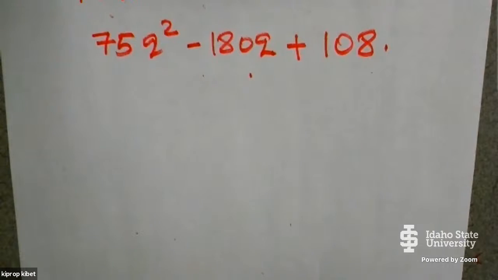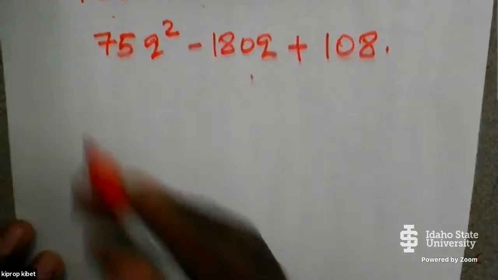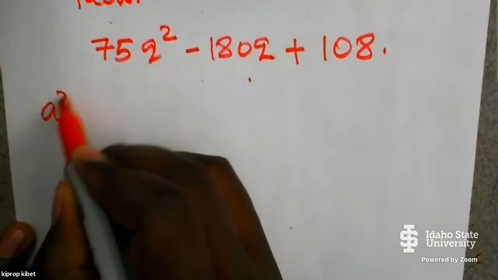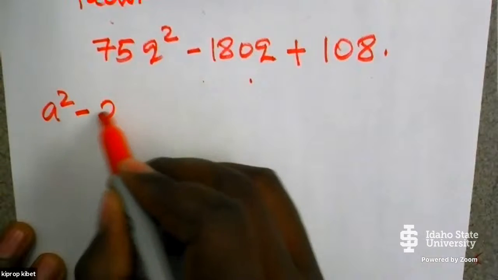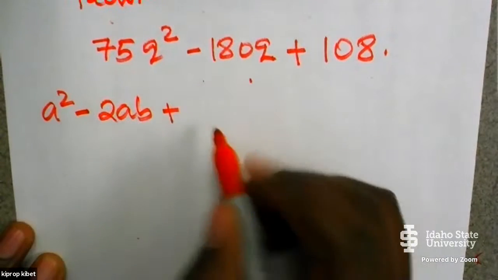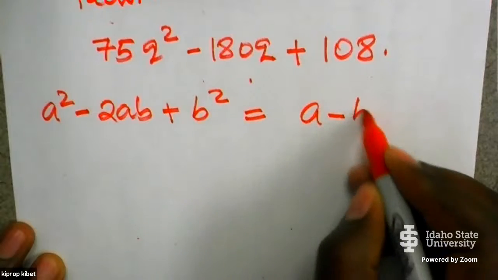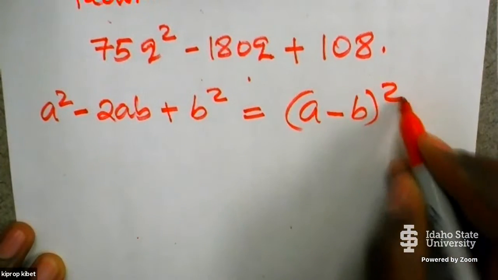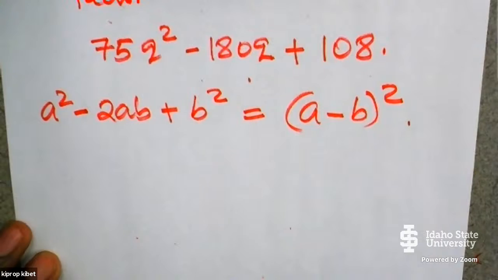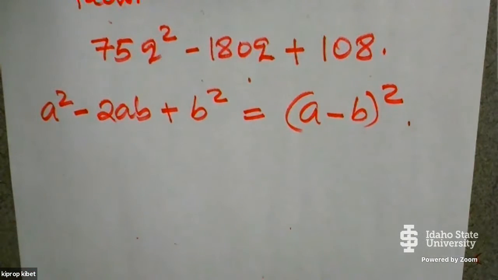So this is similar to number 2. And number 2 was a squared minus 2ab plus b squared equals a minus b, squared.